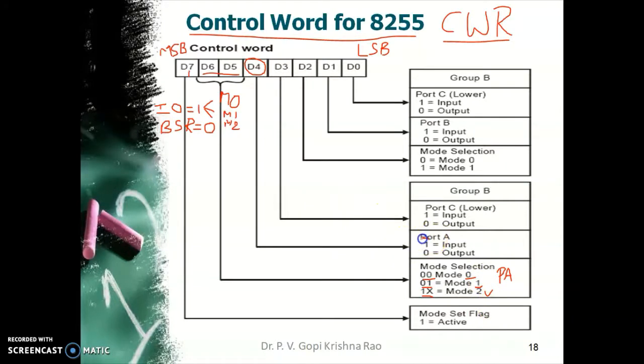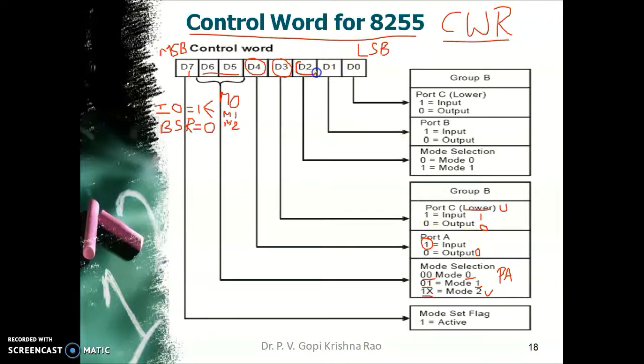If this signal is 1, you are defining port A as input port, and if this signal is 0, you are defining it as an output port. D3 bit defines the functionality of port C. Port C can be only operated in mode 0, so there is no mode bit for port C. Either you are operating port C upper as an input port or an output port. 1 is for input, 0 is for output.